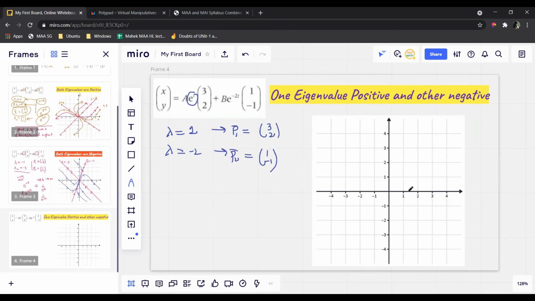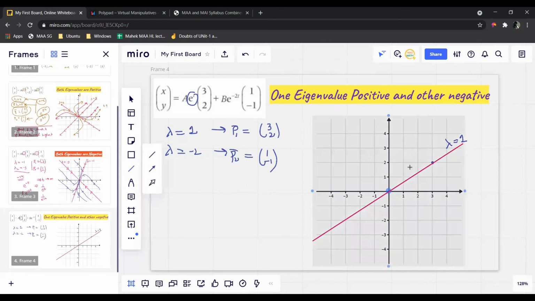So I'll draw it again. So 3, 2 is somewhere here. Let's draw the line. We'll draw the vector. I'll draw it quickly. And as usual, I label it as lambda instead of labeling it as vector. I label it as lambda 1. Similarly, let us draw the vector 1, -1.